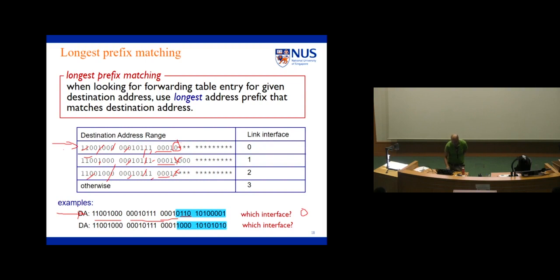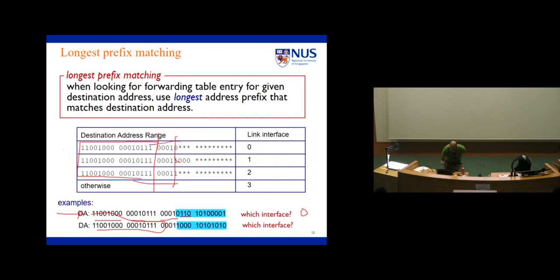Let's look at the next one. In the next one, again, it's quite similar. So the first 16 bits are the same, right? So they will match with everyone. Then I have 0001.